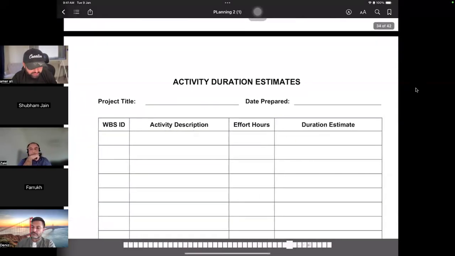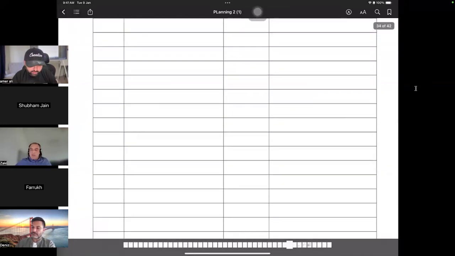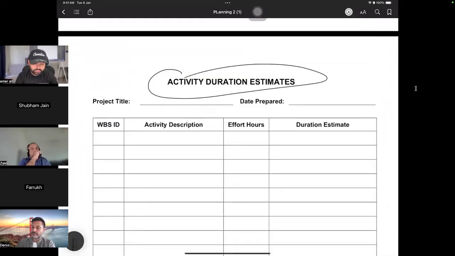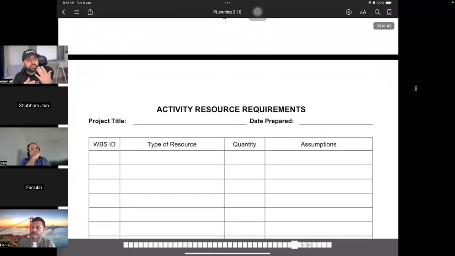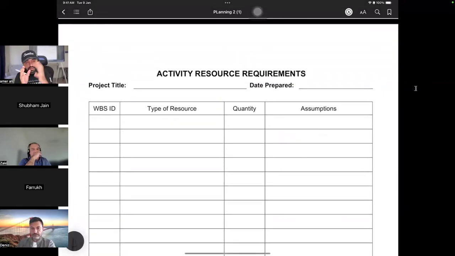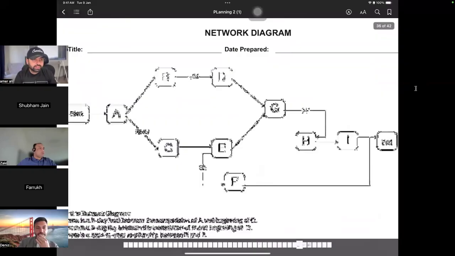So now we will estimate the duration, but as we discussed, activity duration estimates, we will go into how we are going to estimate it. Activity resource requirements: how you are going to estimate the resource requirements for the project. I want to do this activity, what resources will I need for it? Then the project schedule network diagram.